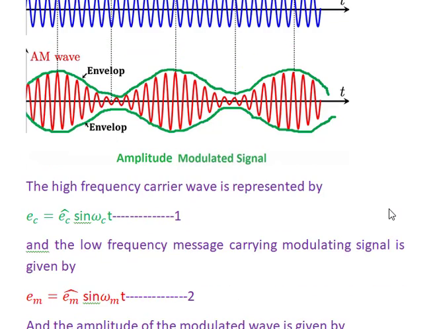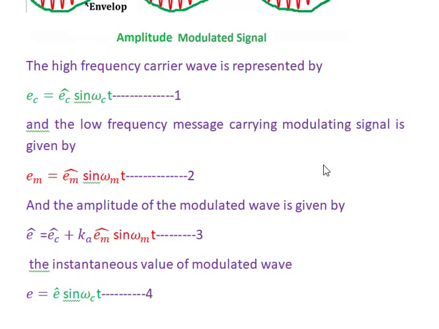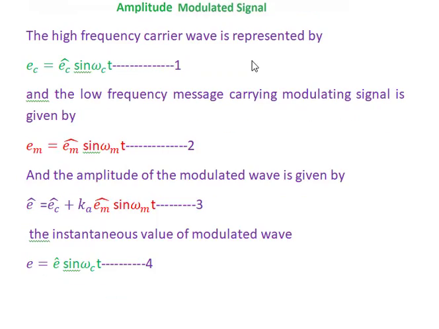So here the high frequency carrier wave is represented by the equation ec = Ec cap sin omega c t, and the low frequency message carrying modulating signal is represented by em = Em cap sin omega m t, and the output amplitude modulated wave is represented by the equation E cap.